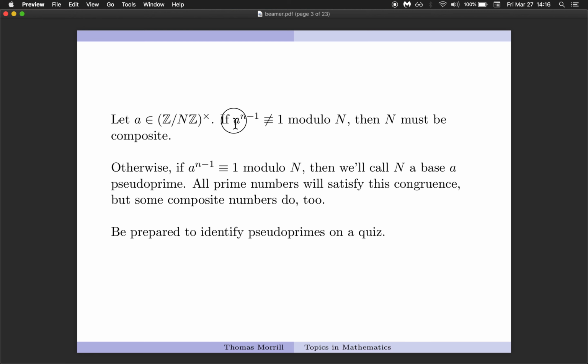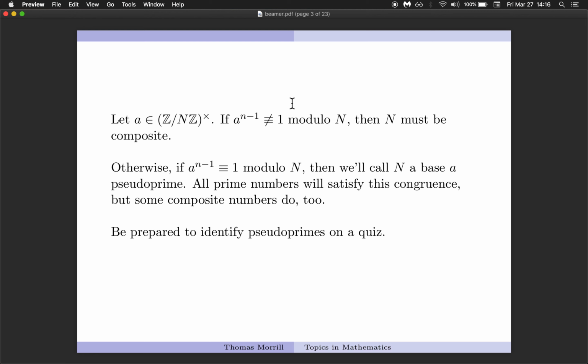So I want to check that a to the power n minus 1 gives me 1 modulo n. That's something that is true for all prime numbers. If I don't get a to the power n minus 1 is 1 modulo n, that tells me immediately that n has to be composite. That's exactly the basis of the test we were looking at last time.